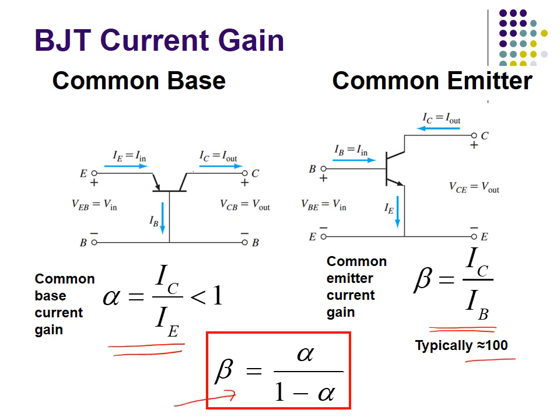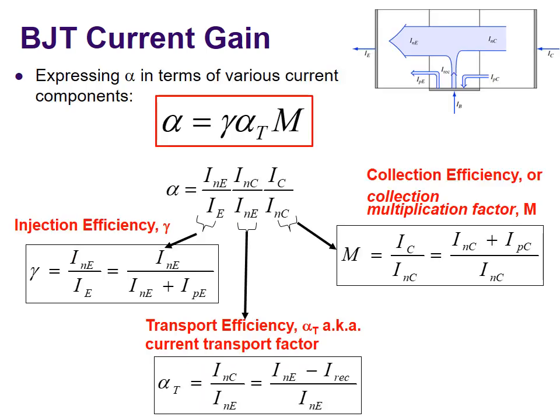So in order to have a large beta, alpha must be very close to 1. Alpha can also be expressed in various current components. It is the product of injection efficiency, gamma, transport efficiency, alpha T, and collection efficiency, M. Each of the components is made of various current components, and these equations are useful in your calculation.